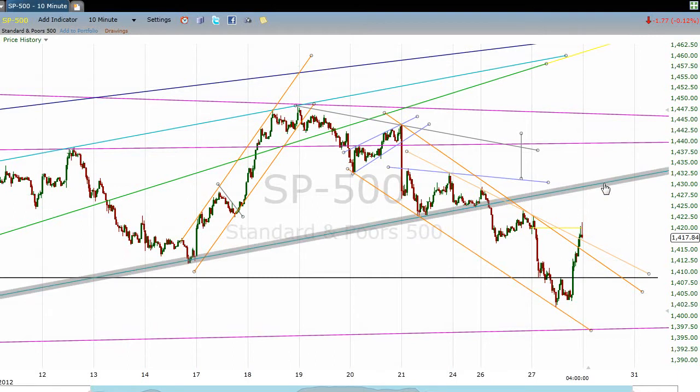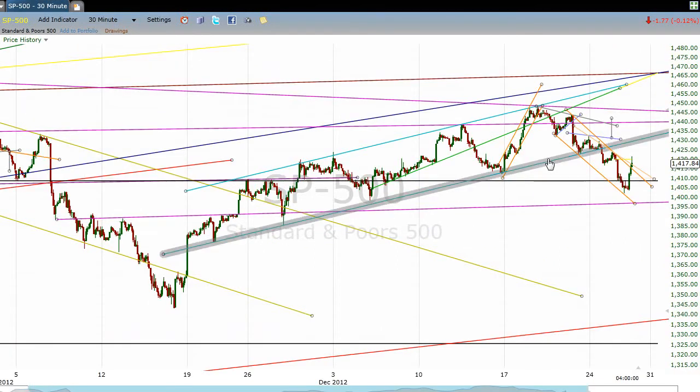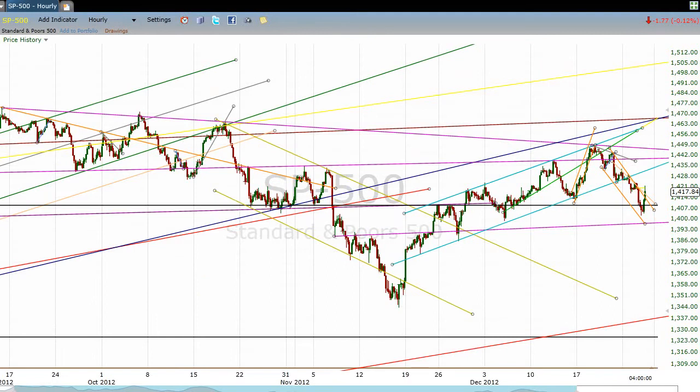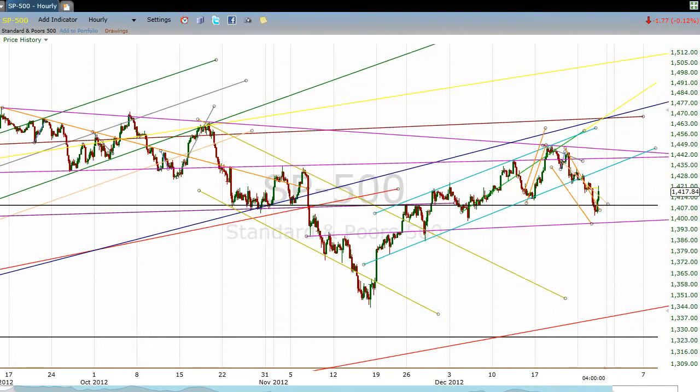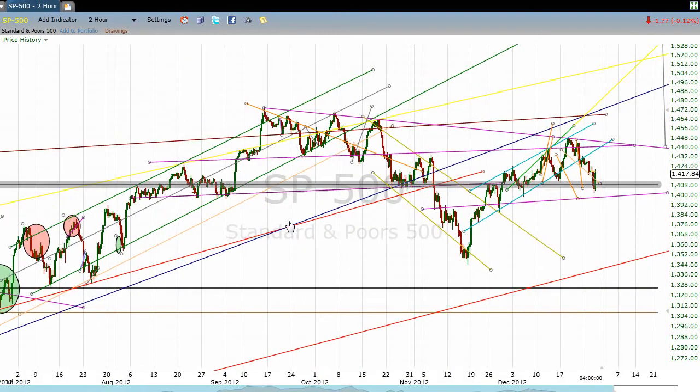I suspect that this line right here, which was at one time our rising support line, should still serve as resistance, and I think the market has some more work to do before we get a clear pattern that projects something other than a very short-term bounce.